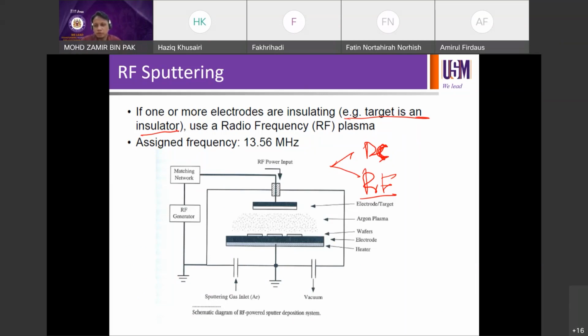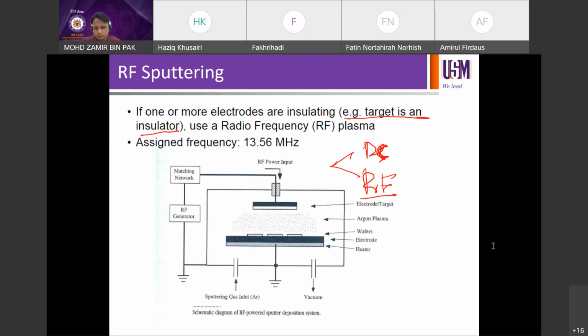Let's go to Akilah. Akilah, what is an example of an insulator sputter target? Akilah? What is an example of an insulator sputter target? A sputter target that is an insulator. What is an example?